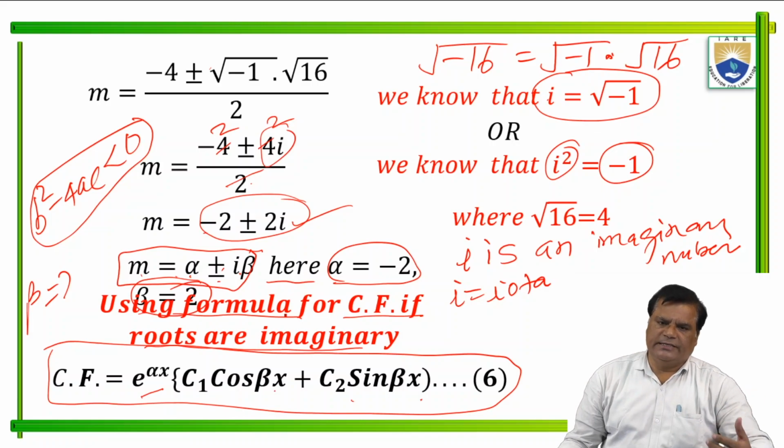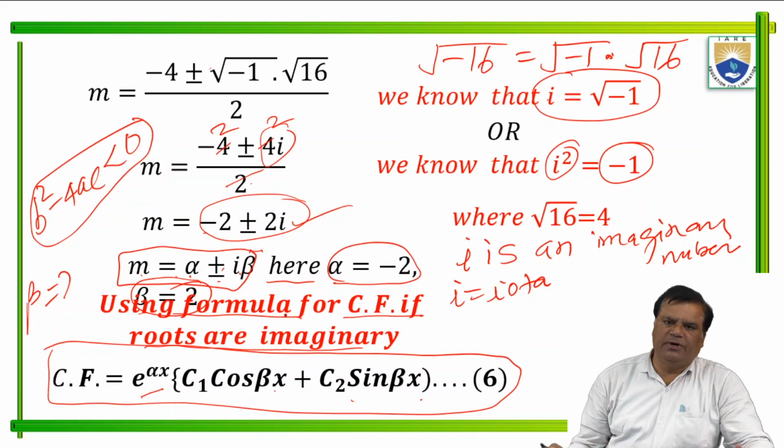In the last lecture, we discussed this formula in detail, how we can find it. Here we are only applying the formula to find the complementary function if roots are imaginary.